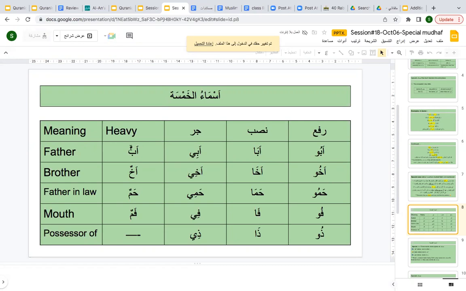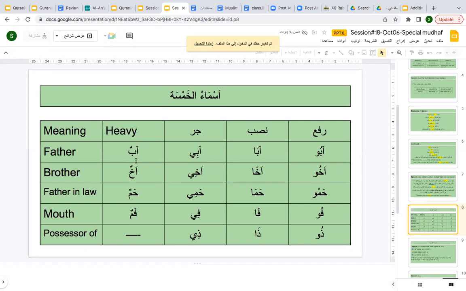You just remove the tanween, because your word is made light by removing noon. And this noon could be hidden in the form of tanween, or it could be visible. For example, if I give you the word walidani, I will make it light by just removing this noon, and walida is going to be the ending.